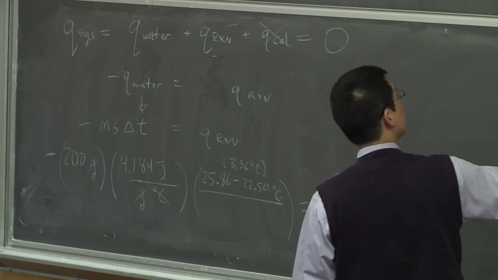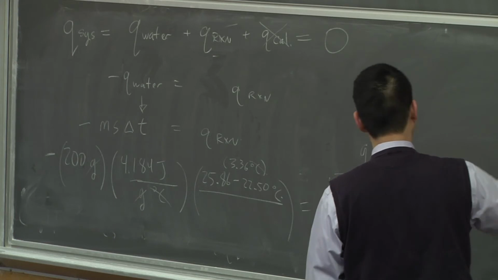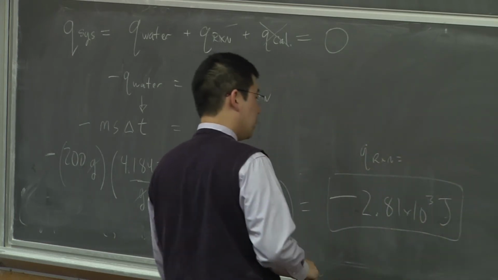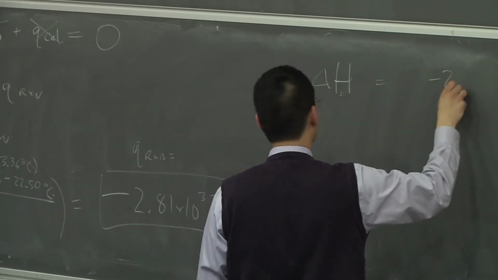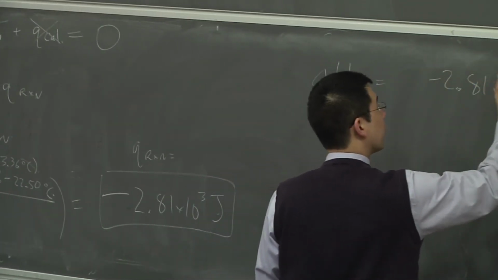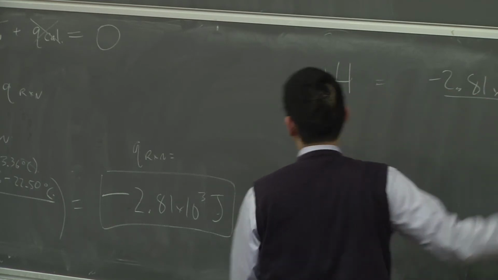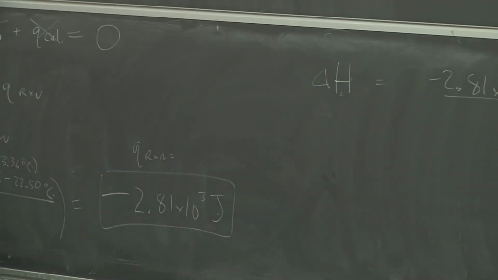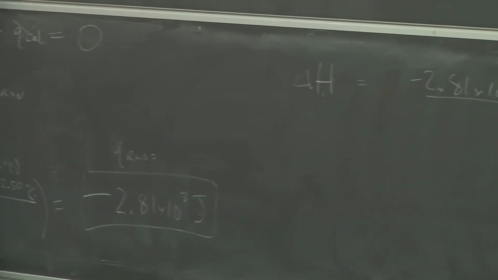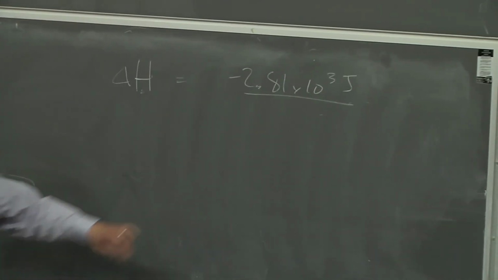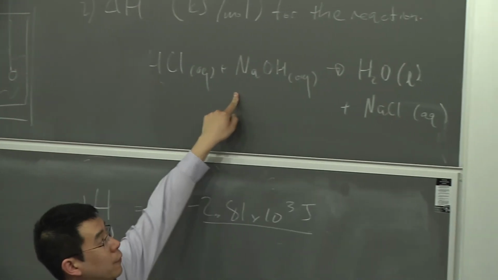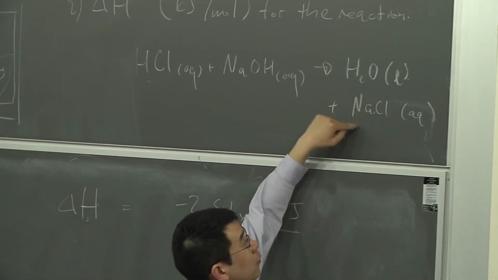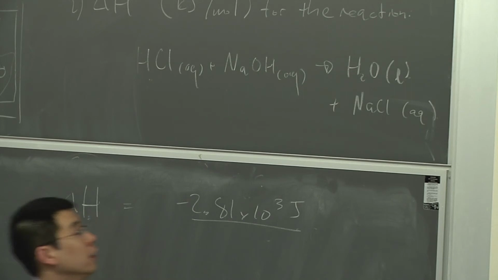Okay, so delta H now is going to be joules per mole. And so it's going to be negative 2.81 times 10 to the third joules. And how many moles do we have? We're not actually adding them together. It's going to be 0.05 because each reactant gives us 0.05, and that's going to give us 0.05 water and 0.05 sodium chloride.